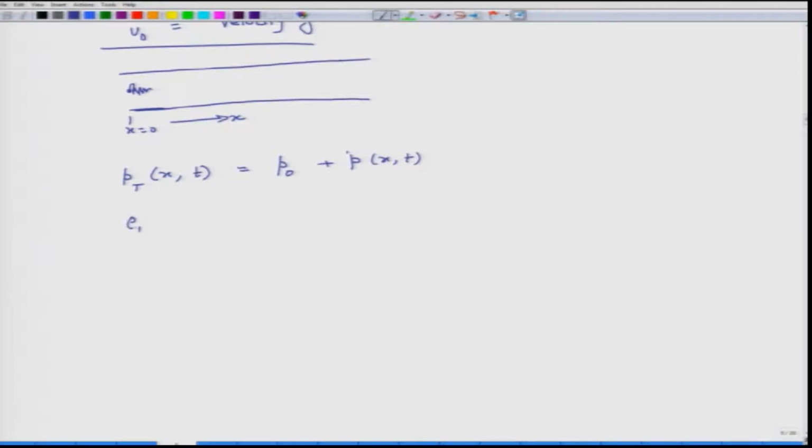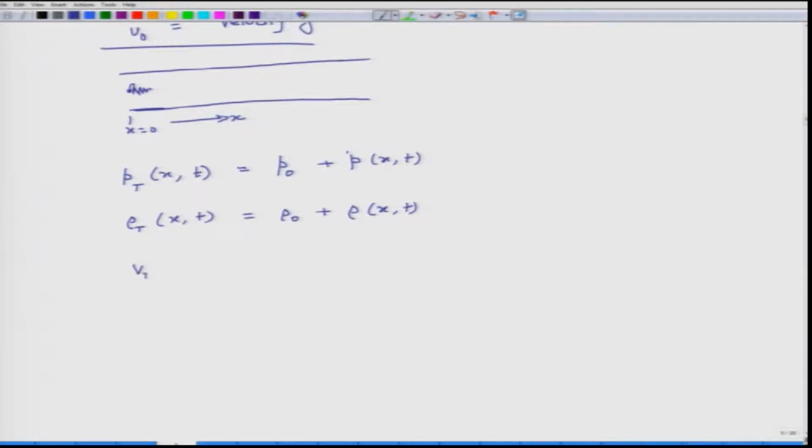Similarly, the total density, which will vary from point to point and time to time, will be the initial density, which was constant in the whole tube initially, plus some disturbance in the density which I call rho, and that disturbance will vary with x and t.